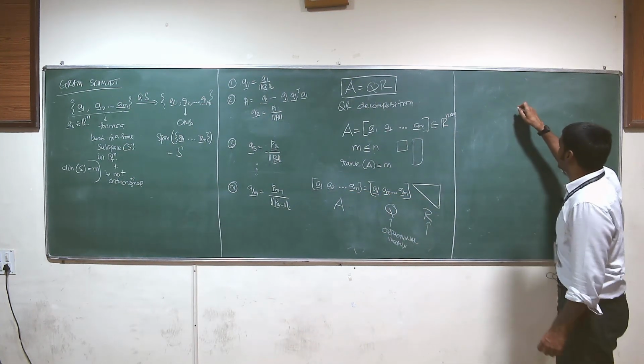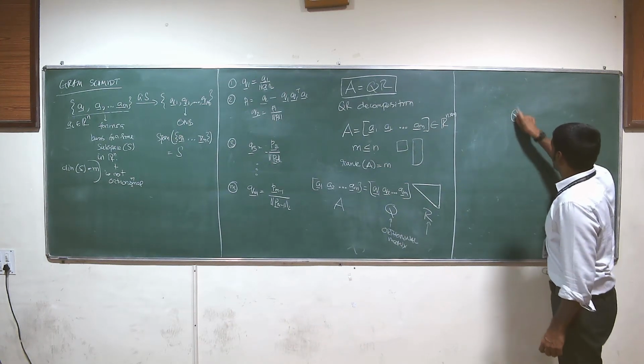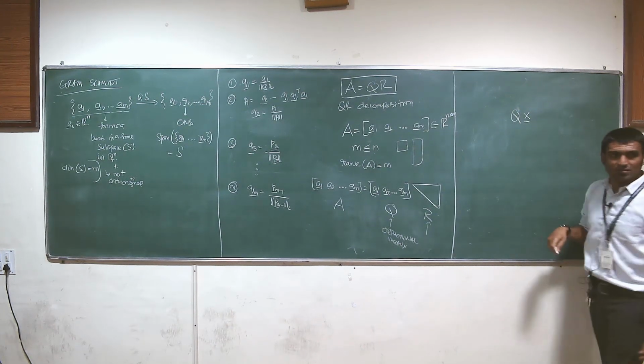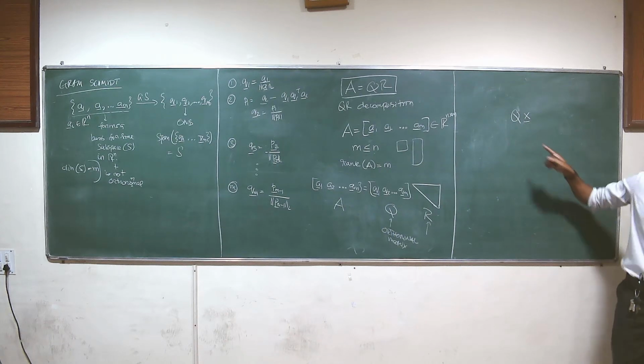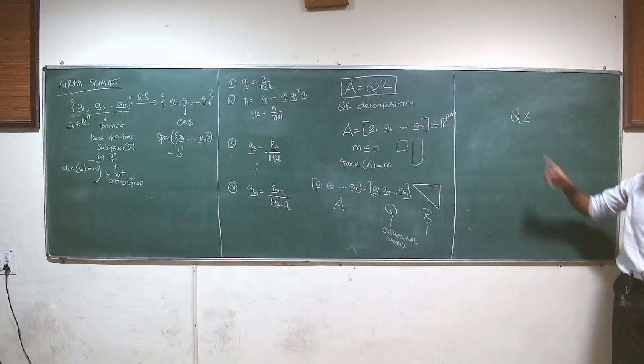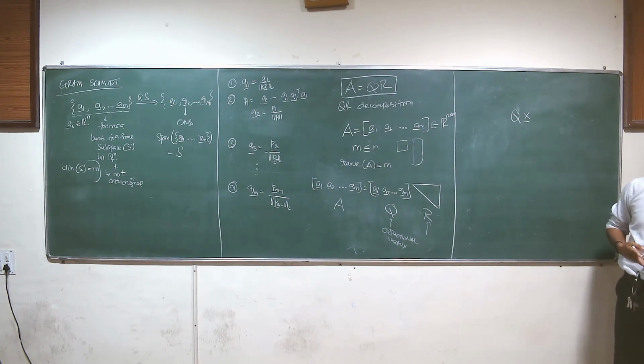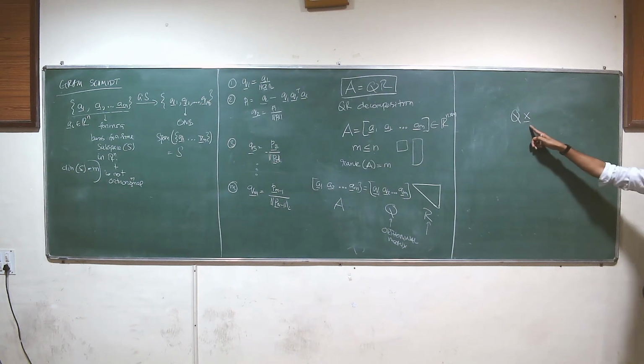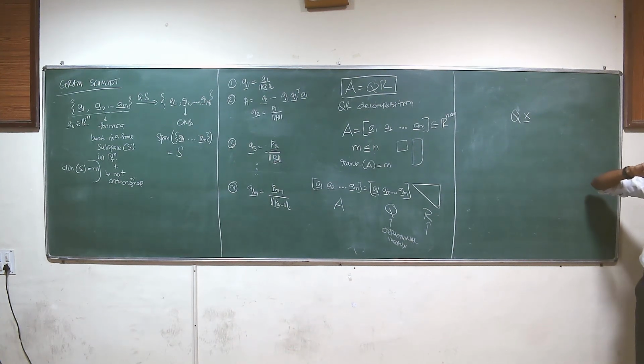Because if you do, let's say, Q times some vector x, what operation are you really doing here in terms of the columns of Q? Right, you're post multiplying, but what are you doing with the columns of Q when you post multiply by a vector?